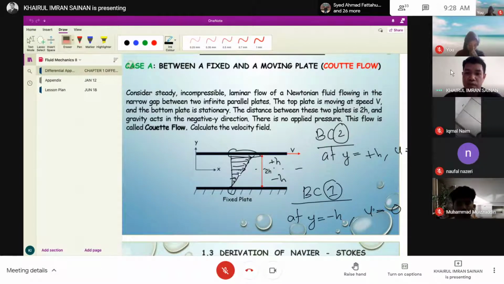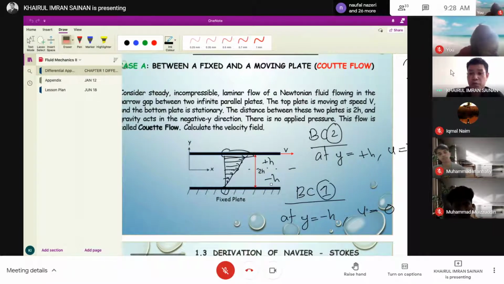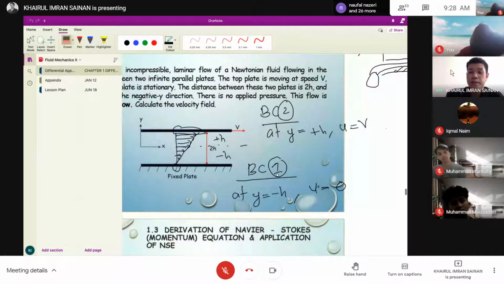The flow is actually triangular, and X and Y is positioned at the center. Since the height given is 2h, you're going to have plus h and negative h. So for BC number 1, at y equals negative h, u equals 0.